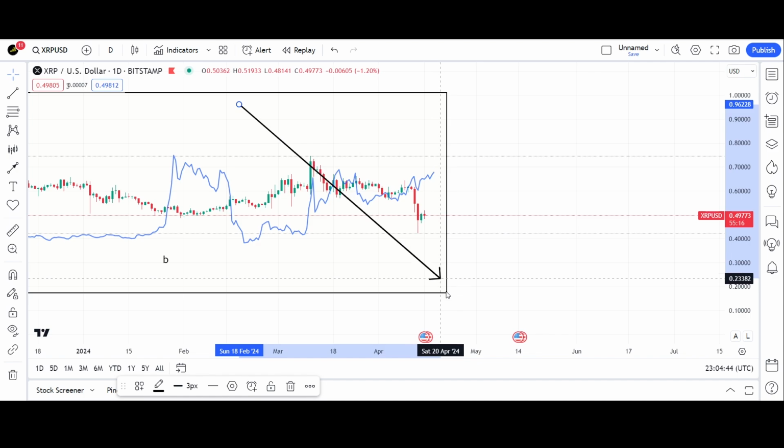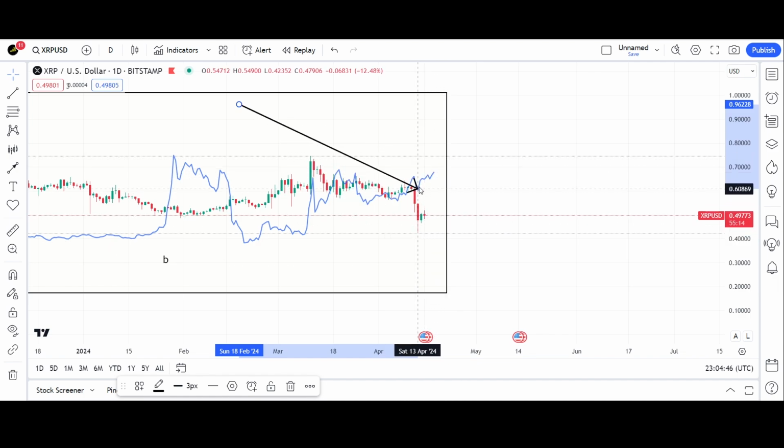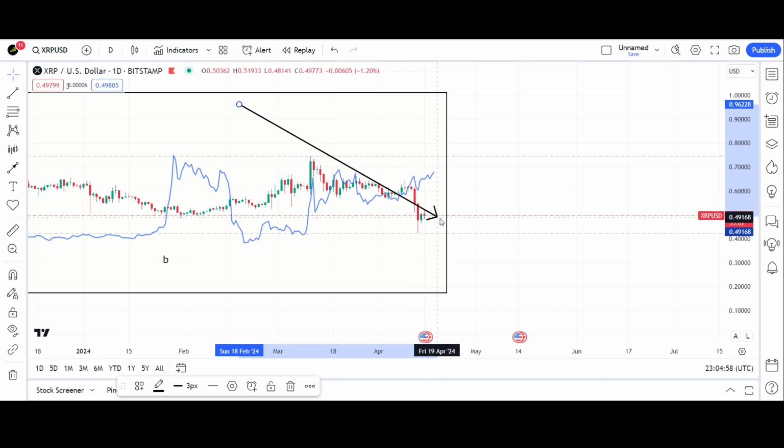That doesn't mean it's going to continue falling. This could take place, and this is speculation, at an angle up like this, or it also could take place going sideways.